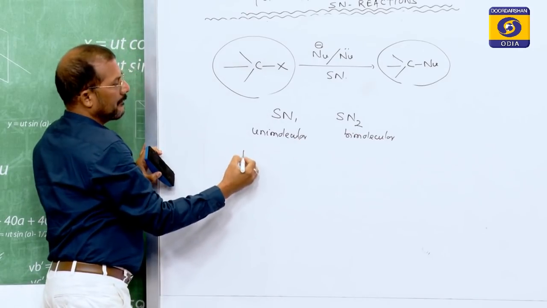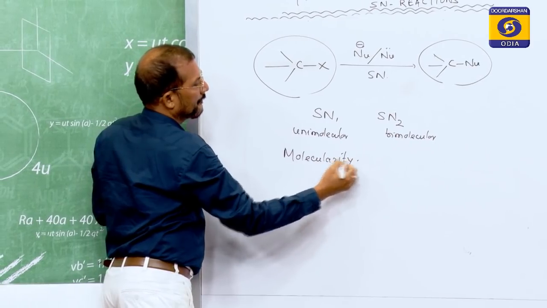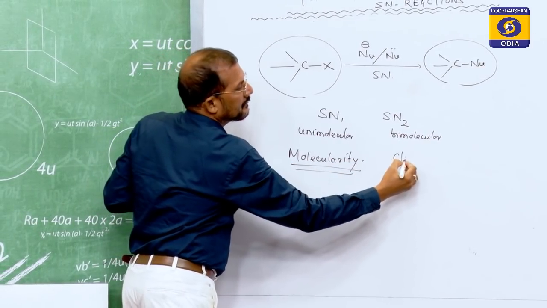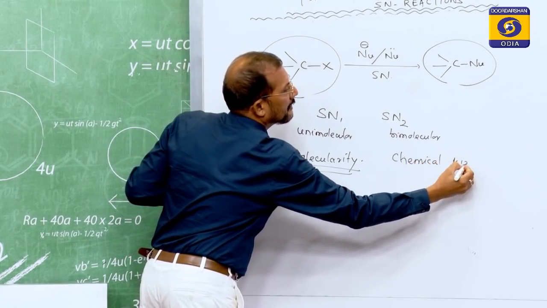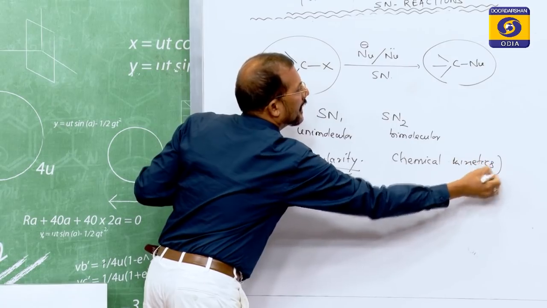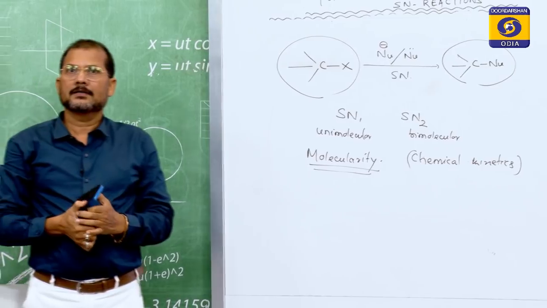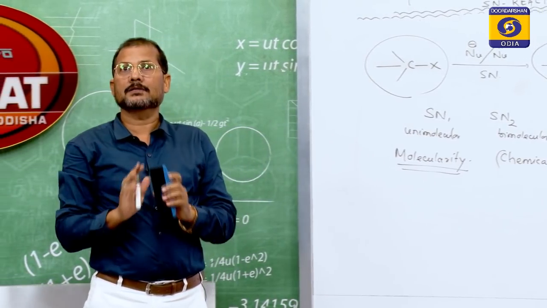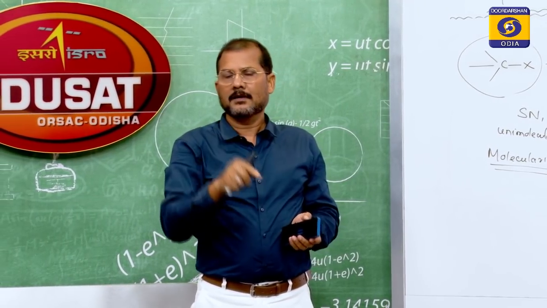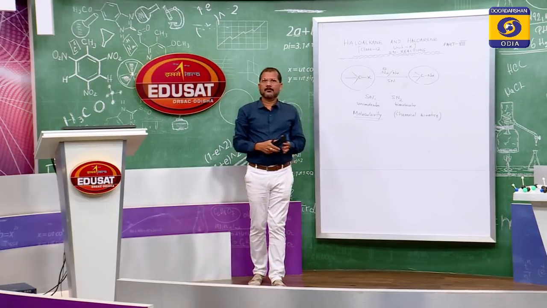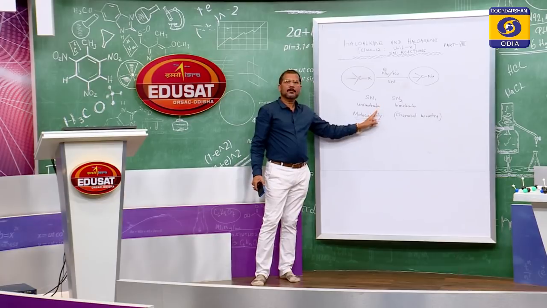Here we come across a word, molecularity, something we will read in the topic of chemical kinetics. But before that, if you study the mechanism of a chemical reaction and look into the slowest step, how many species are reacting? If one species is reacting in the slow step, that is a unimolecular reaction.